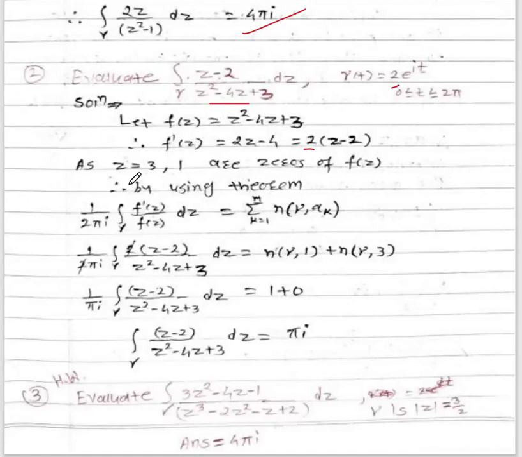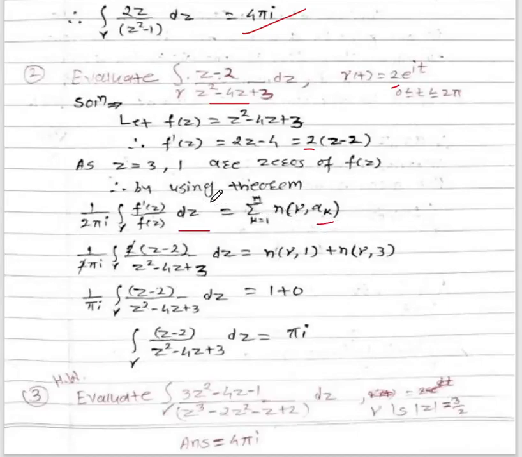Okay, so as z equal to 3 and z equal to 1 are the zeros of f of z, by using the counting of zeros theorem, we can write 1 upon 2 pi integral over gamma f dash of z upon f of z dz equals the summation k equal to 1 to m of the index of the closed curve gamma at the point ak.